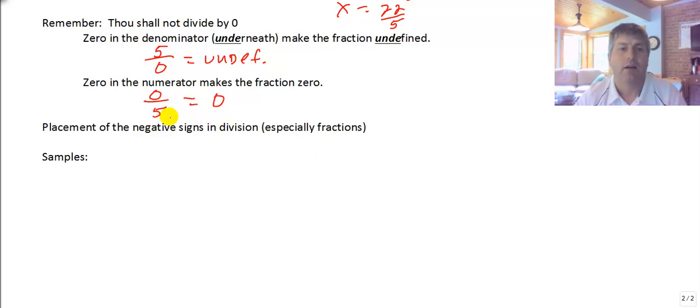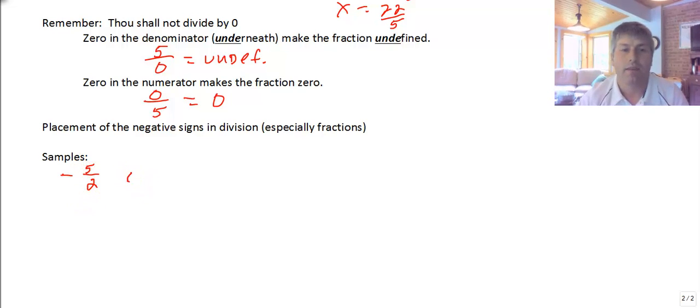And finally, placement of negative signs in division, or especially fractions. Frequently, young math students with the fraction the opposite of 5 halves say, where's the negative sign? I don't know where to put the negative sign. Do I put it in the middle? Do I put it on the top? Do I put it underneath?